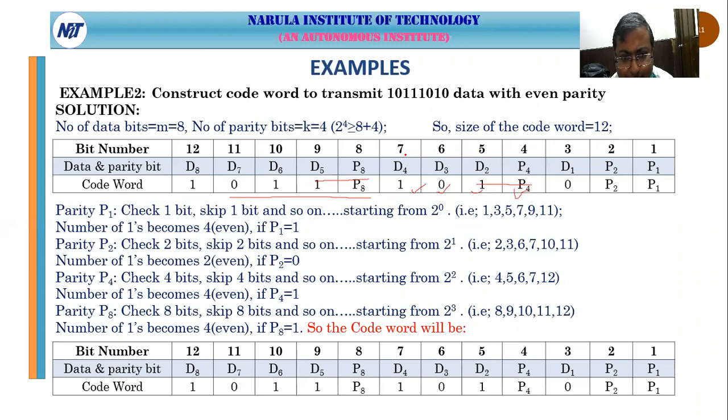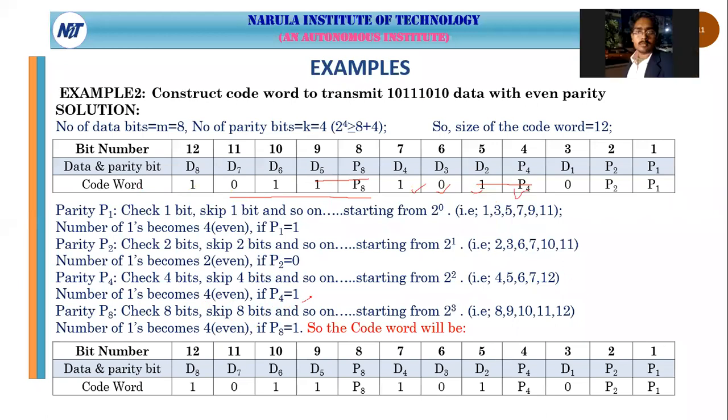That is 2. And there is one more 1 at 12. Yes, 4, 5, 6, 7 and 12. Okay, so yes, sir, total number of 1s is 3. So it should be 4 if P4 is equal to 1.